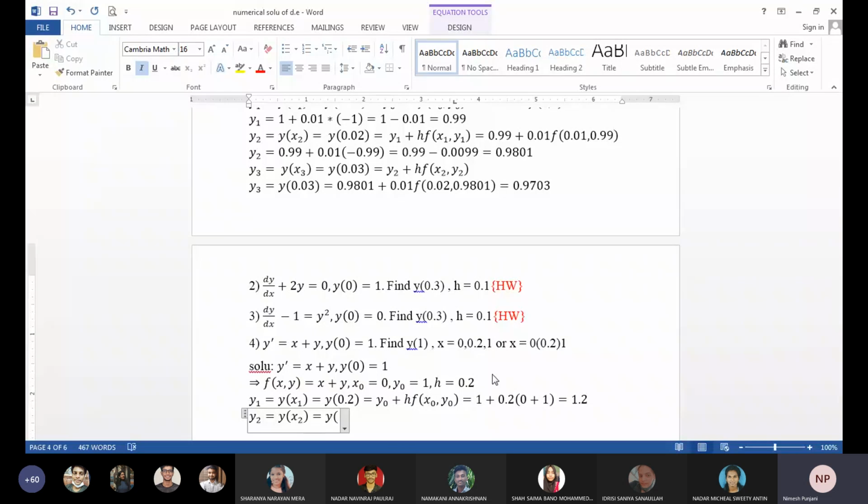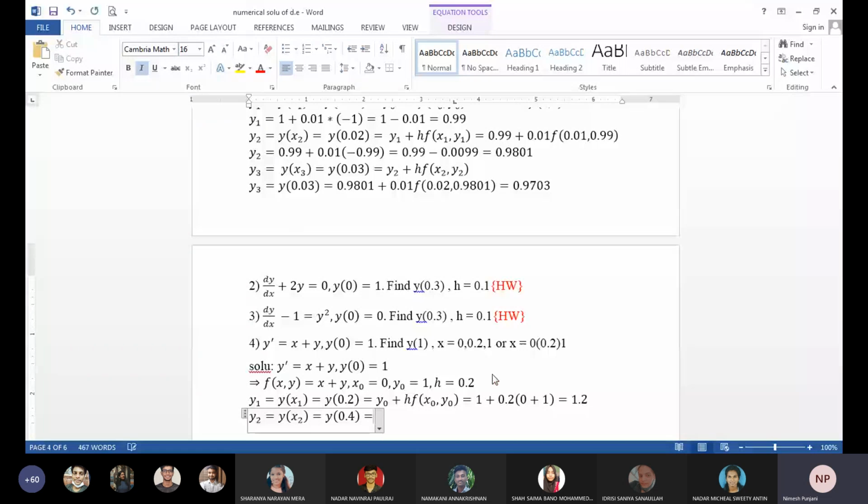So now y2 is y of x2. What will be your x2? 0.4. Very good. And what will the formula be?